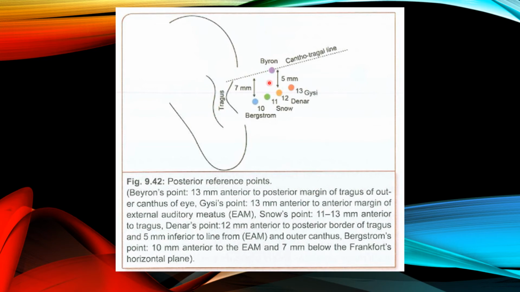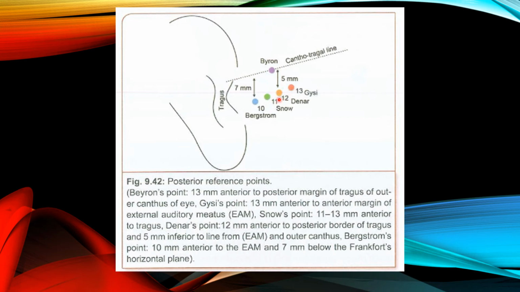The next one is the Geisy point. The Geisy point is 13 mm anterior to the anterior margin of the external auditory meatus. So, here it is the Geisy point.